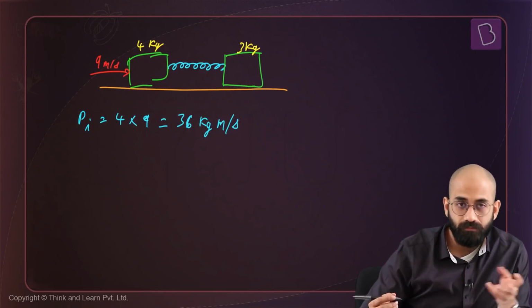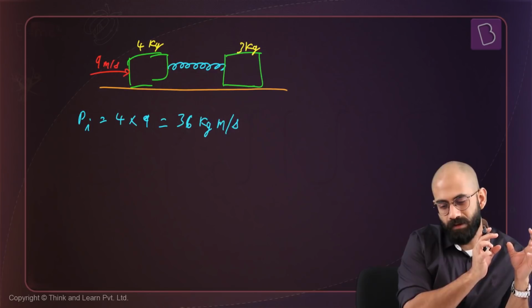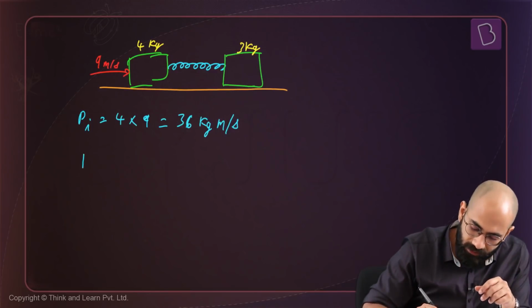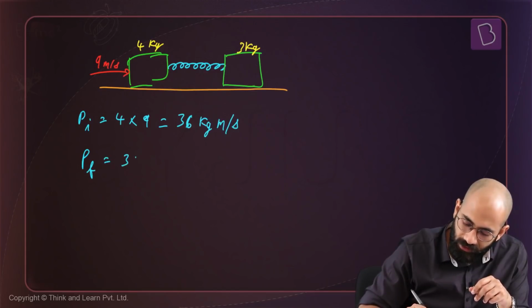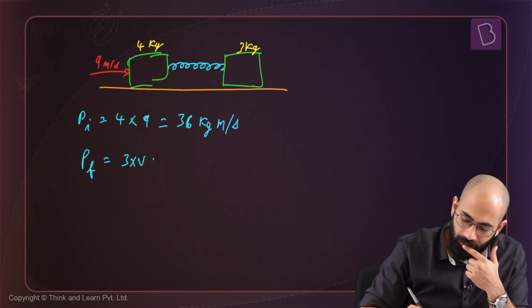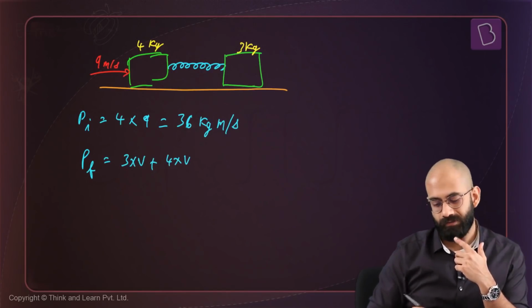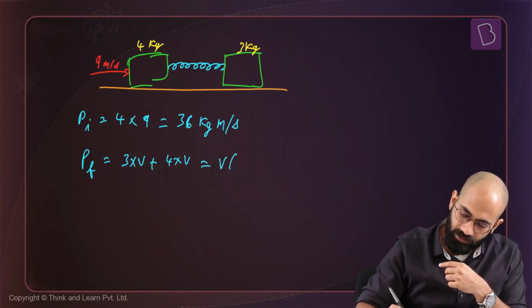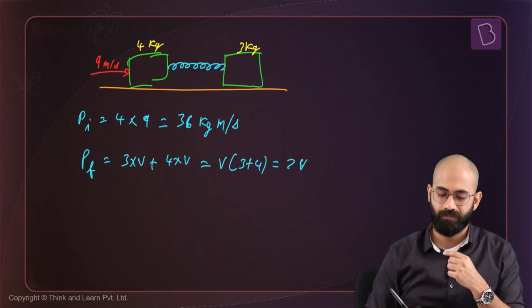The final momentum will be when both the blocks are moving, but they should be at rest with respect to each other. So Pf will be equal to 3 into V, V being the final speed where both of them are moving, plus 4 into V, or this will become V into 3 plus 4, 7V, right?